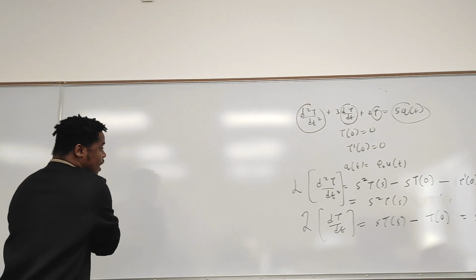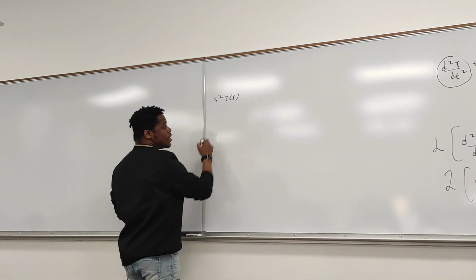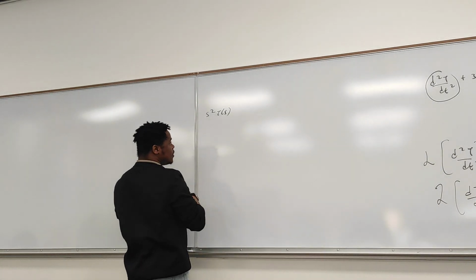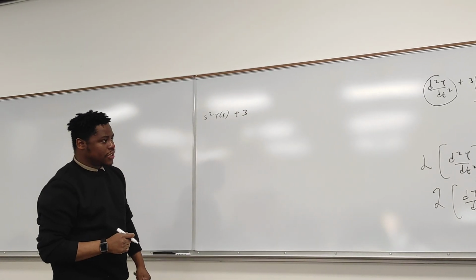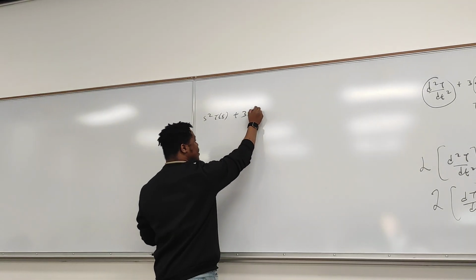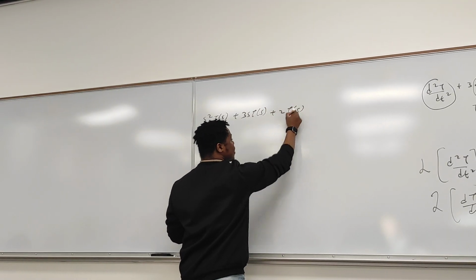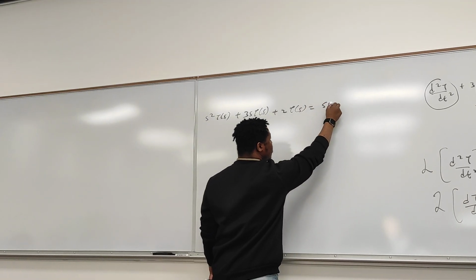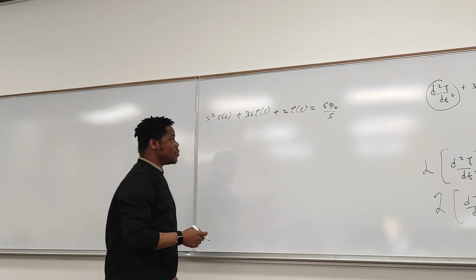If we put them together, this becomes s squared tau of s plus 3 s tau of s plus 2 tau of s like this, because Laplace of the input is 5q naught over s. If you like, you can put the u of s to show it's in the Laplace domain or not.